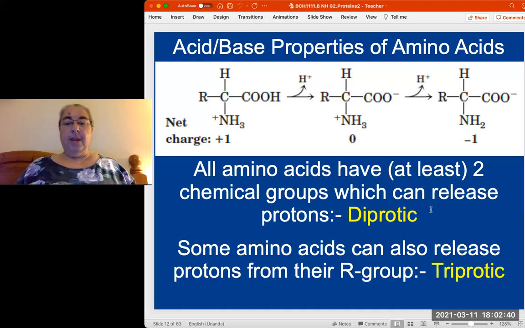However, some amino acids can also release a hydrogen ion from the R group, and these are called triprotic amino acids.